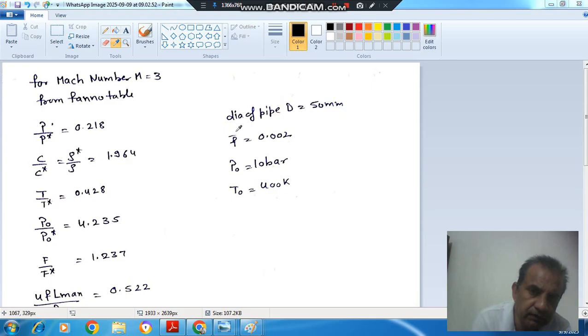So here the given data are: diameter of pipe 50 mm, Fanning friction factor 0.002, stagnation pressure 10 bar and T naught 400 Kelvin. Now for the Mach number, from the Fanno table we can find these properties. These are given in one line.